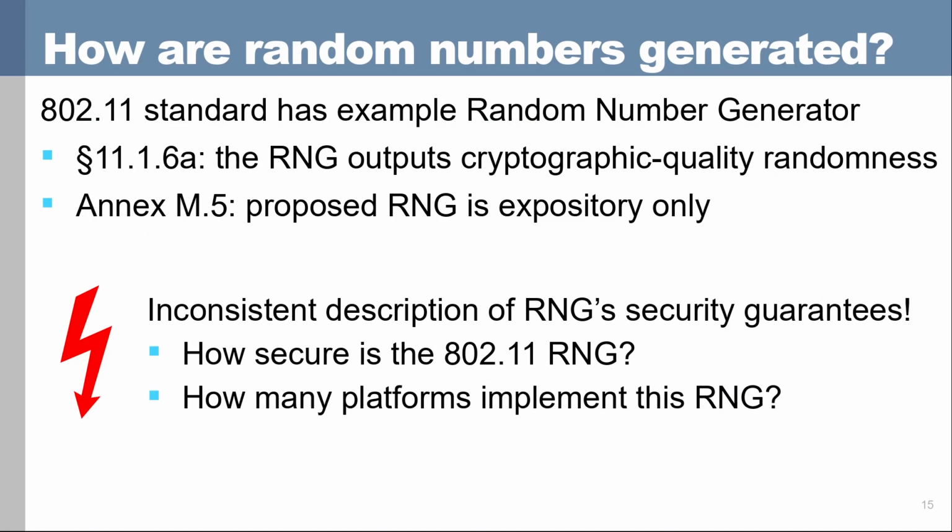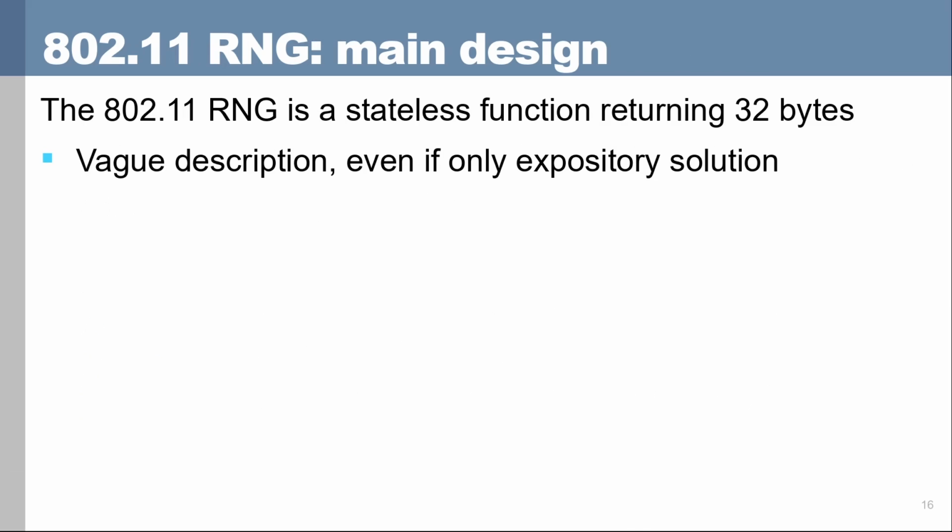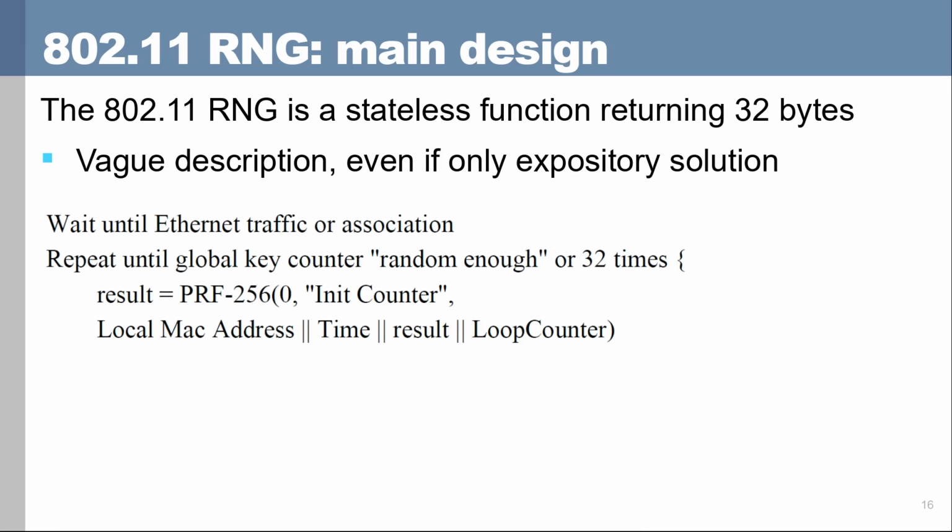So let's look in detail at how the random number generator is implemented. And here we see that the standard basically defines a function, which is the RNG. First and foremost, it's a stateless function. I'll come back in a minute to why that's a bad idea. But first and foremost, it has a very vague description, even if they only meant this to be an example solution to get people on the way.